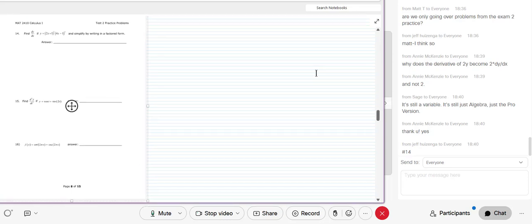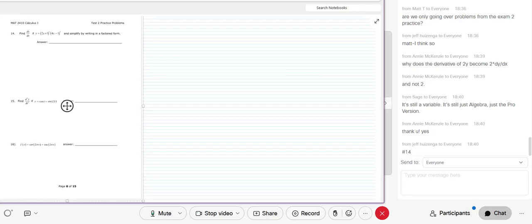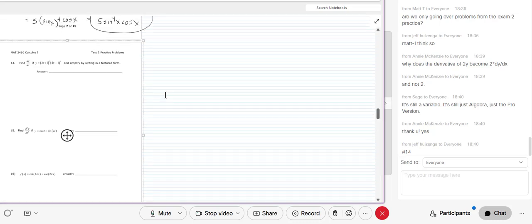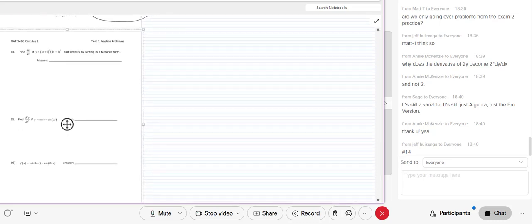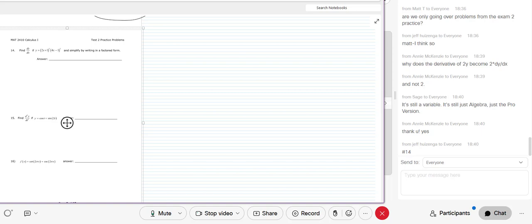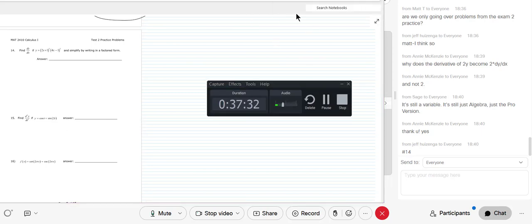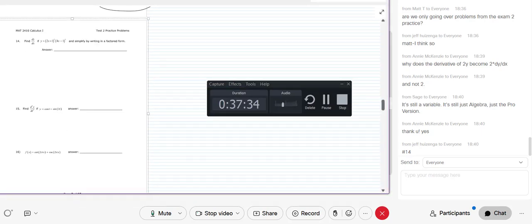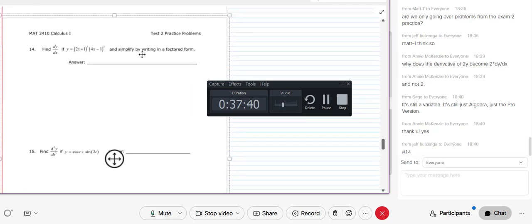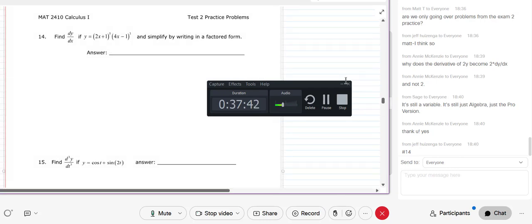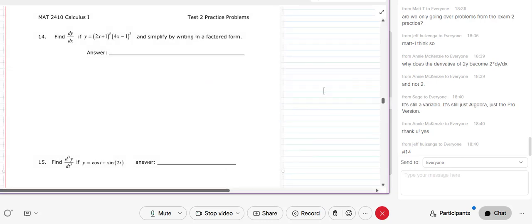This is a guaranteed type of problem on the test. I'm having trouble zooming in on this for some reason. There it goes. Good question. I'm glad you asked this question.